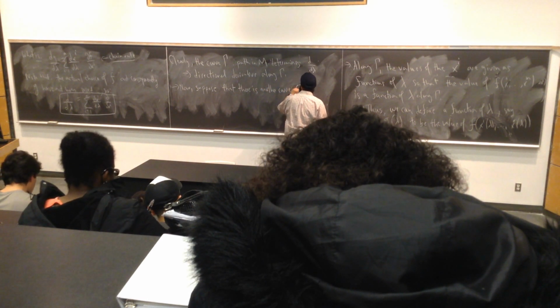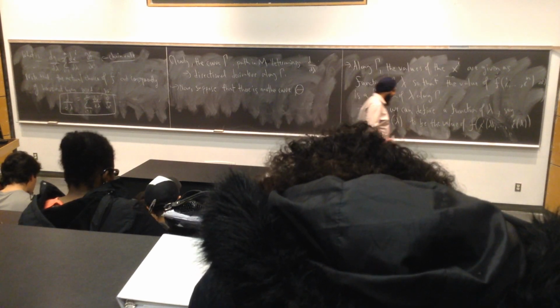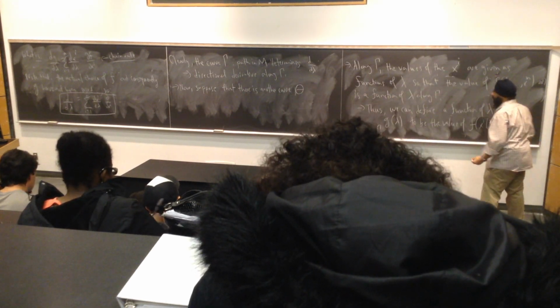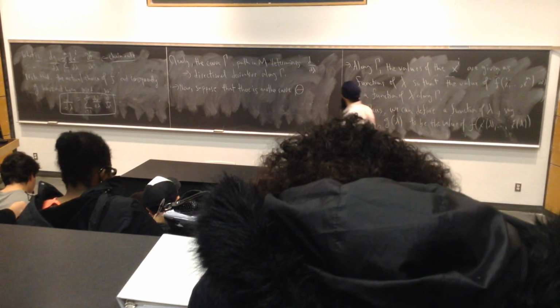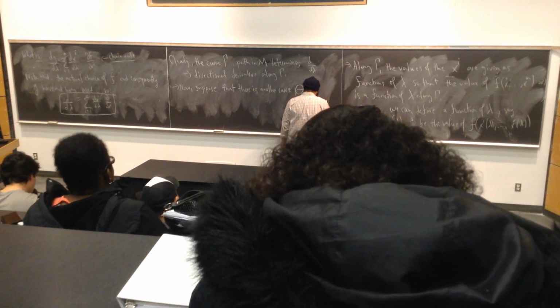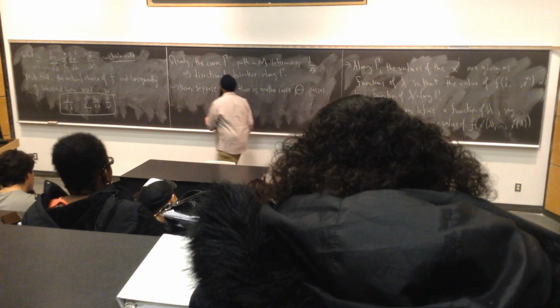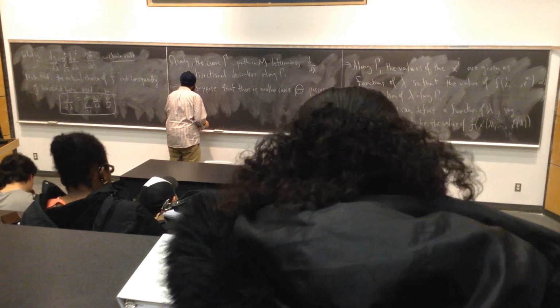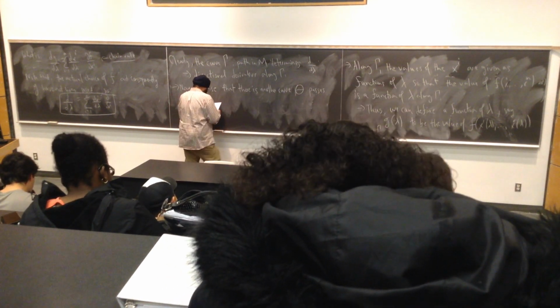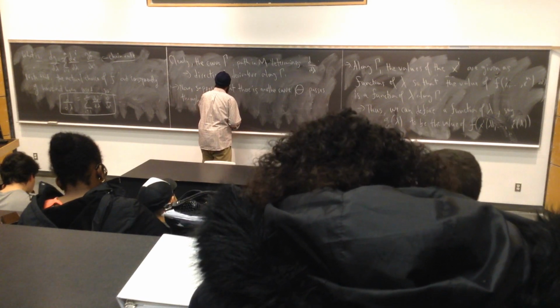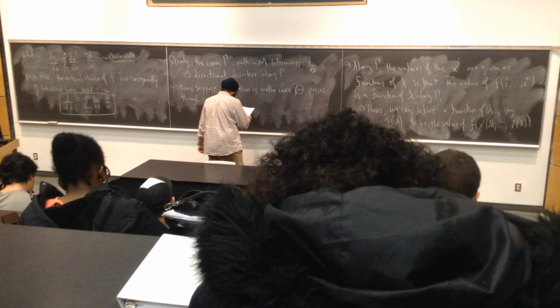For lack of a better word, I will call it theta. So one curve is gamma. Now suppose there's another curve called theta, and it passes through some point called P.